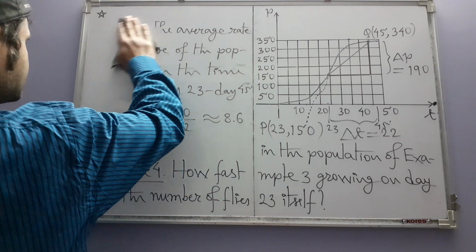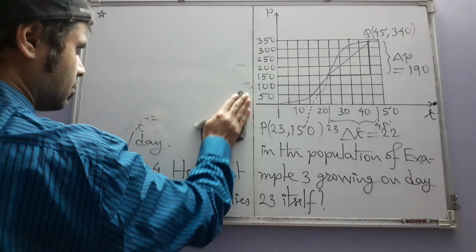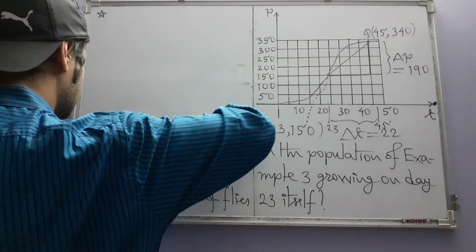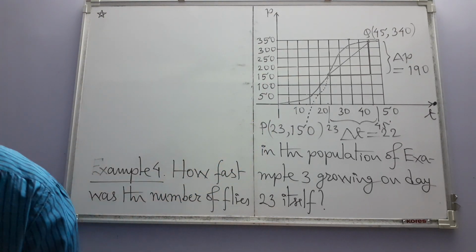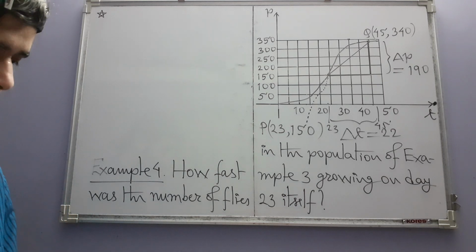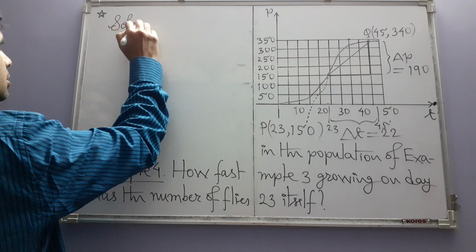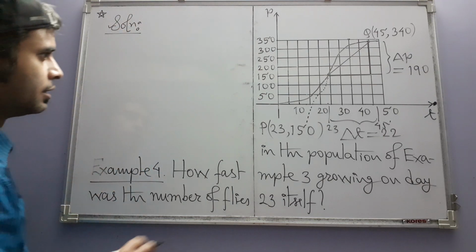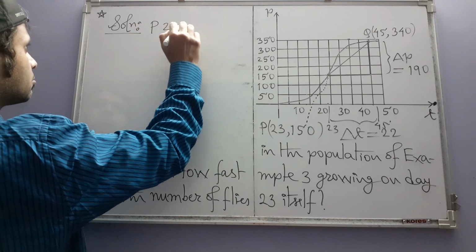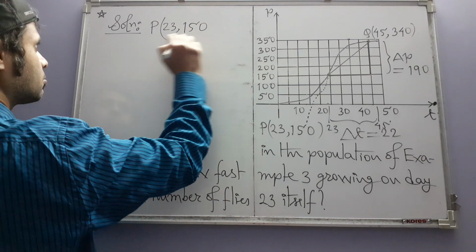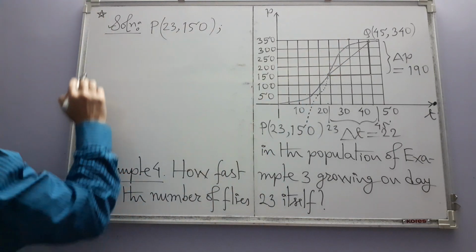And the intervals that have been chosen and the corresponding average rates are given in the text like this. So here I will just simply write the solution briefly just to show the essential thing. So our P point is going to stay fixed and the Q point will change.